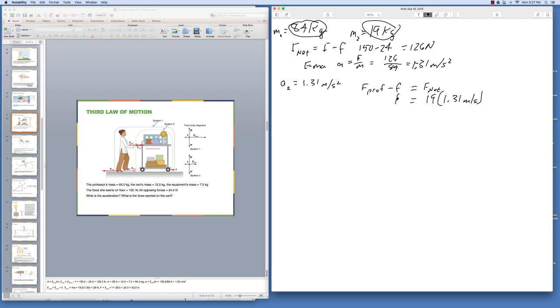And that has to be F net, and that has to equal F professor minus the resistant force. And so F professor, which is what we want, has got to equal this 19 times 1.31 plus the opposing force, which is 24. And when you do the math here, you get 48.9 newtons. So that is the force that the professor is exerting to give the acceleration of the cart.